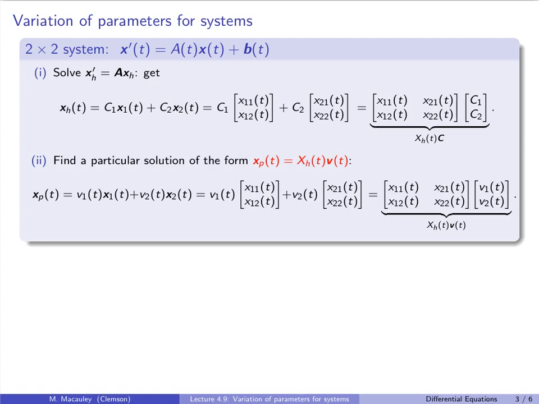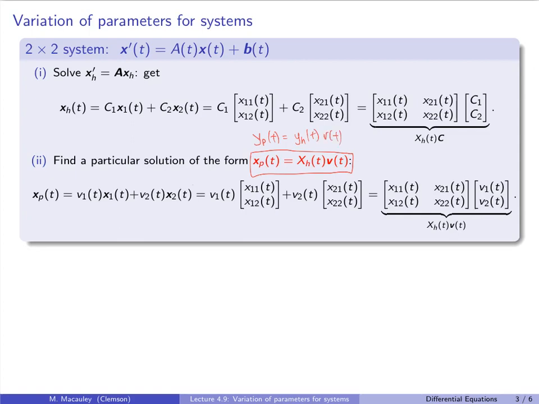Now, even though I just did it in the previous slide, I really want to emphasize how similar this is to both the first and the second order cases. So this solution here, recall we did for first order ODEs. We had yp of t. I'm going to write it slightly differently. The homogeneous solution, yh of t, times v of t.